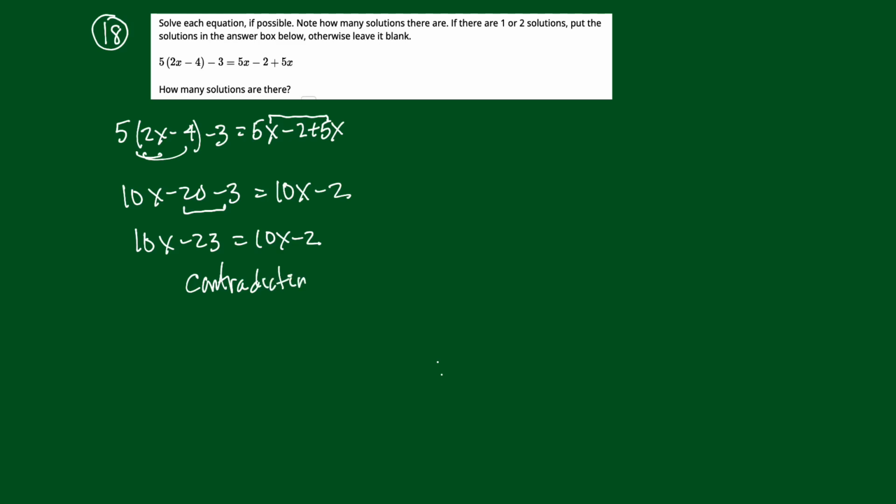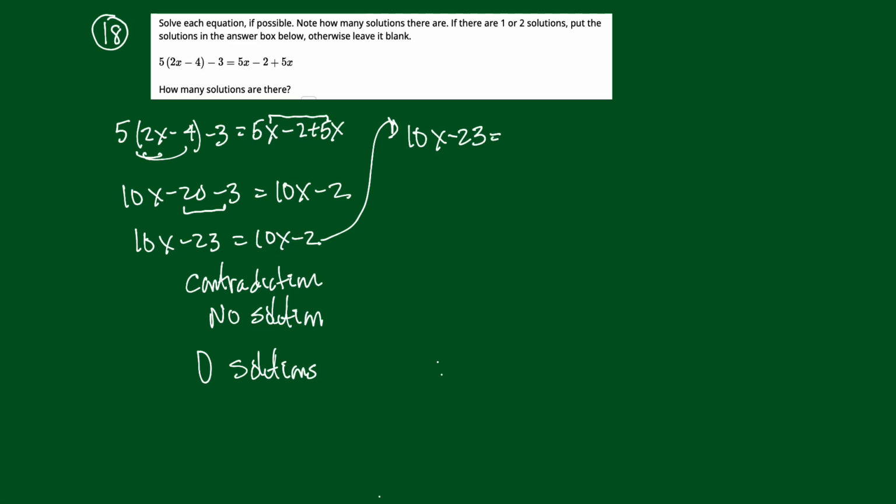And if it's a contradiction, that means you have no solution. So if you have no solution, it says how many solutions are there? Well, we're going to claim that there are 0 solutions. Now, if you're not able to see it right here, if you just want to show it to somebody for sure, there's that 10x minus 23 equals 10x minus 2.